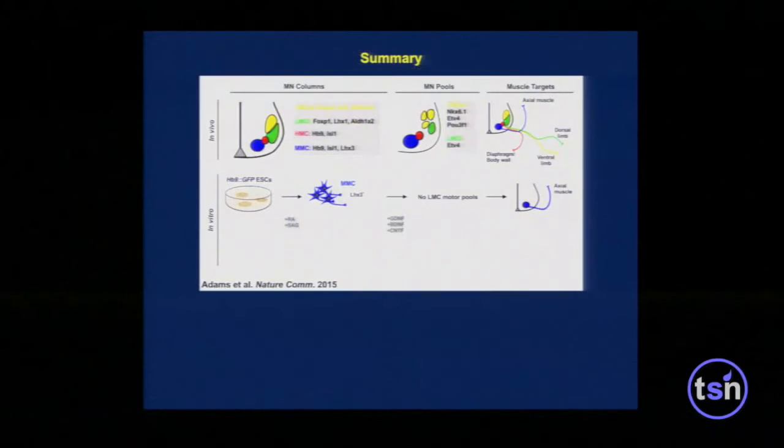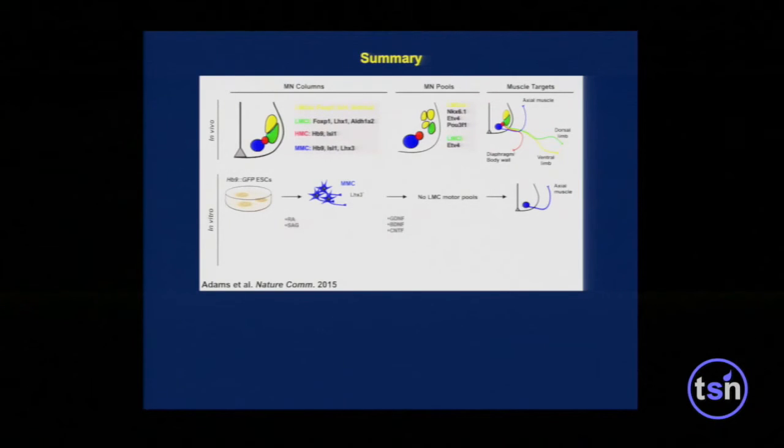So to wrap up, what I've told you in the first part is that motor neuron diversity is quite extraordinary. And because we know so much about the developmental biology, we have an appreciation of some of the factors that contribute to that diversity, and that thus gives us an entry into how we may be able to manipulate those activities to make particular types of cells.